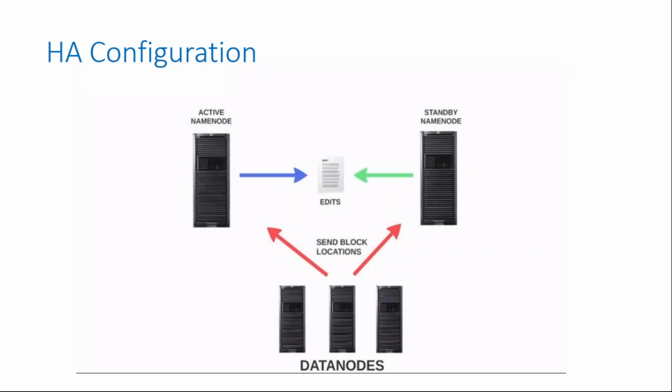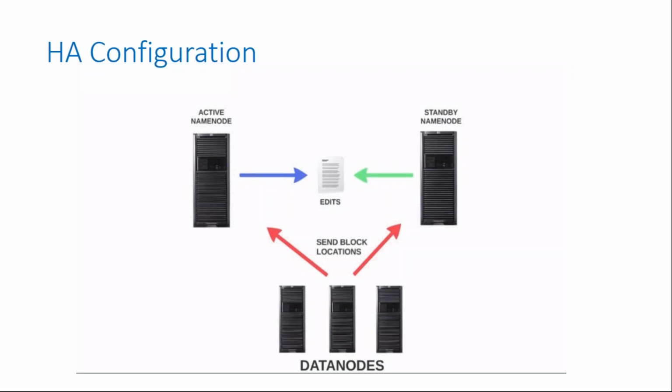Both can't be active at the same time. The active name node, as we call it, which is active for the moment, would be maintaining the edit log, which is in a shared folder and has access to the standby name node.